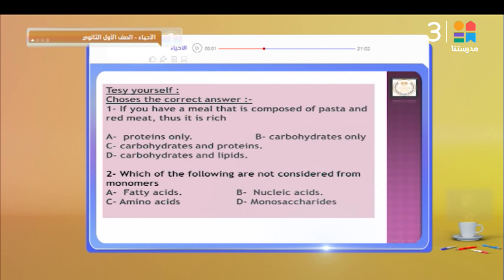Choose the best correct answer, A, B, C, or D. Pasta, carbohydrates, and red meat, proteins. The best answer is C.